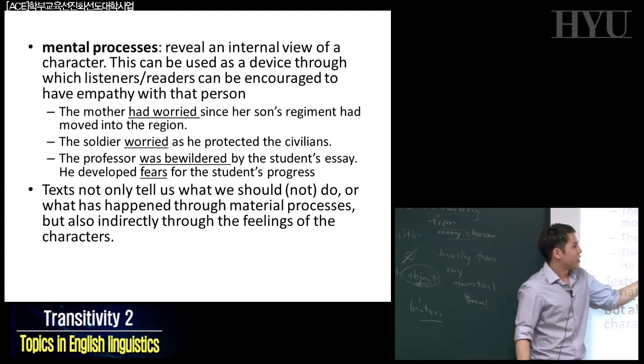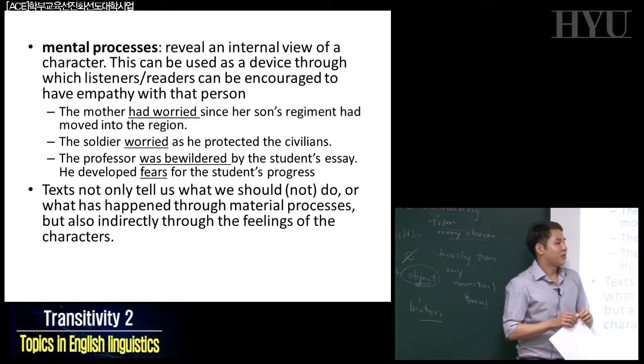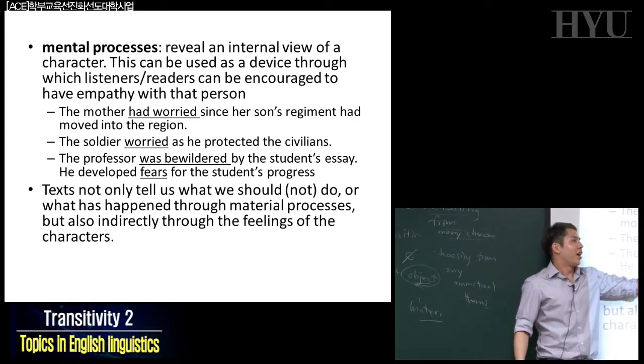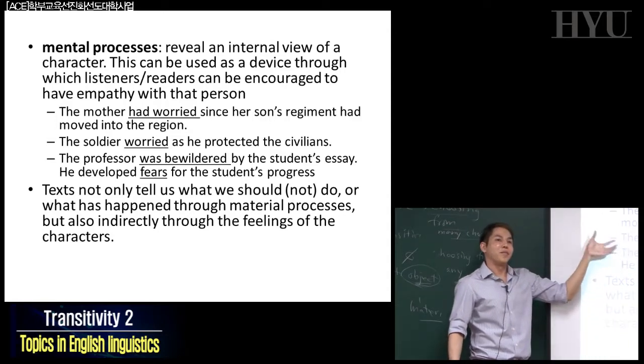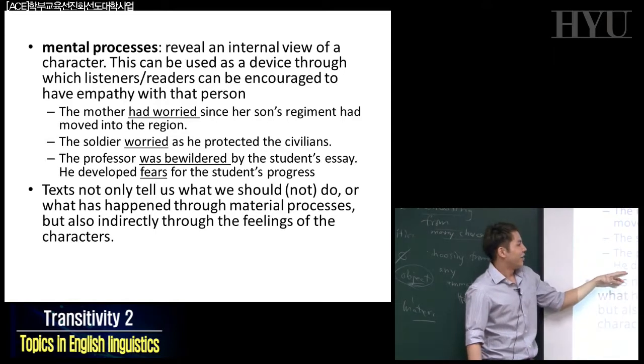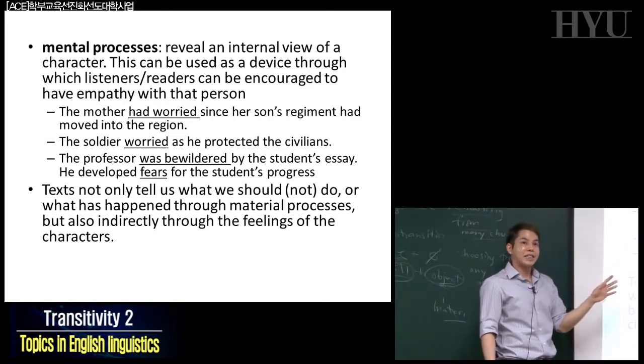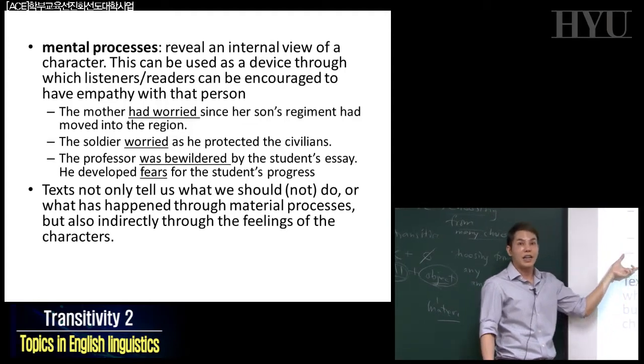The professor was bewildered, like was surprised, was afraid by students' essays. So now you know that the students' essays might not be good ones, right? Because he was bewildered, right? He developed fears for the students' progress and so on. So this is a way to say things that are not explicitly stated, okay?